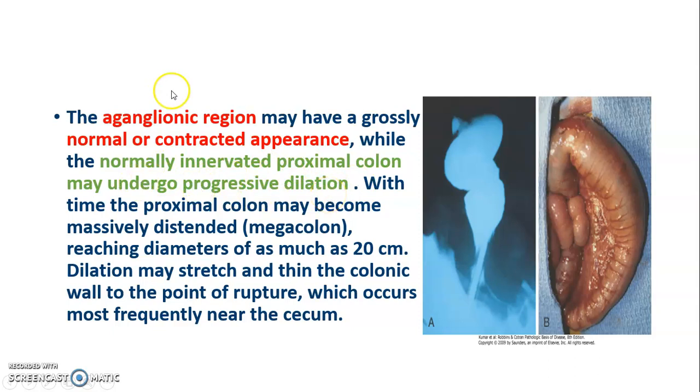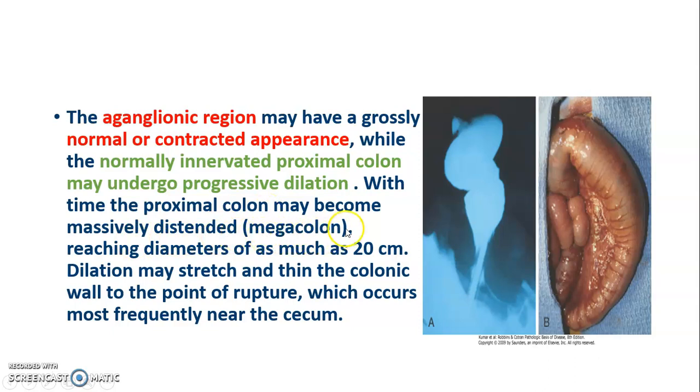So the aganglionic or affected segment is contracted or maybe normal, but the segment proximal to the affected part is dilated. With time, the proximal colon may become massively distended.